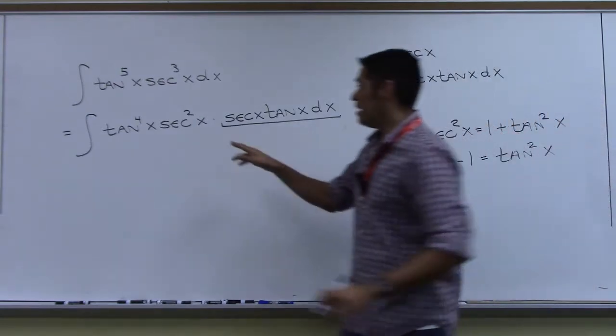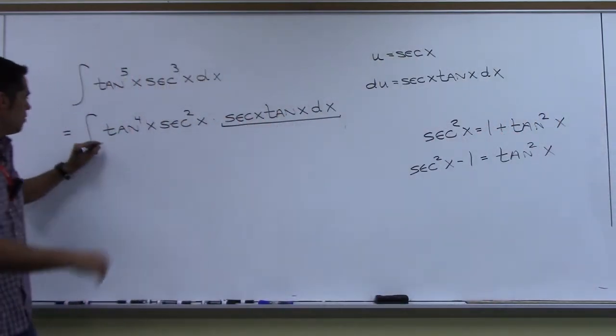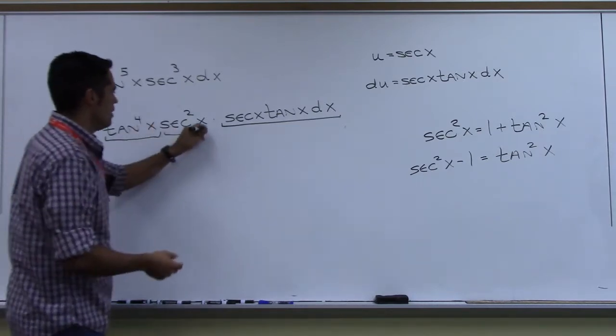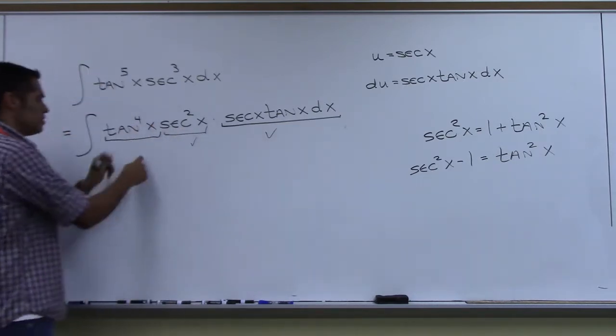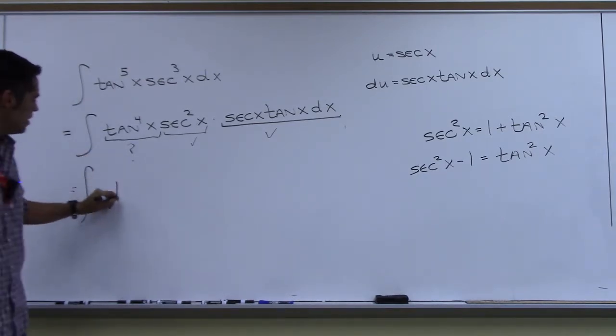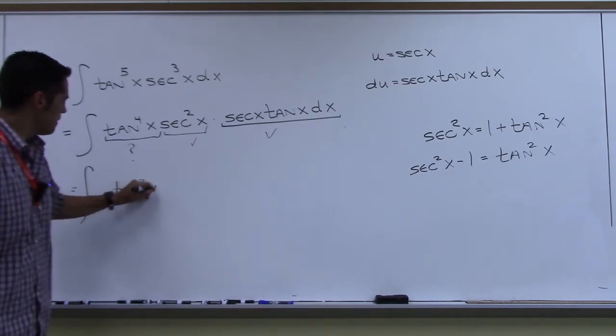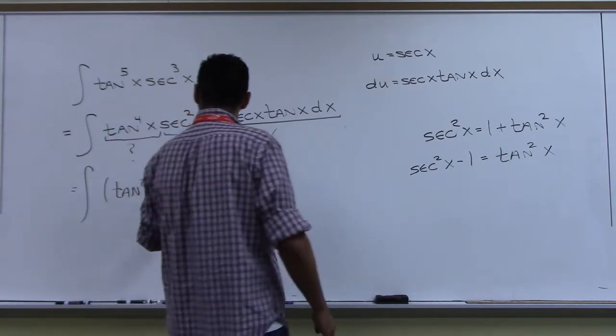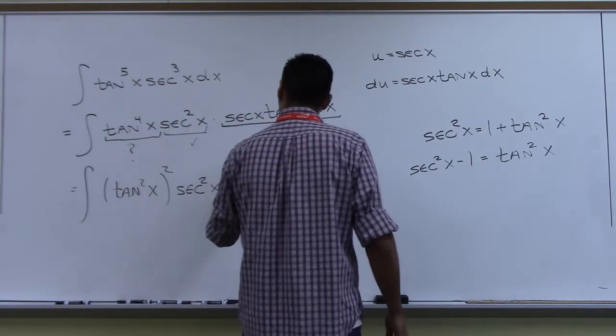So we were saying the tangent squared, what do we do with it? Well, tangent to the fourth, what do we do with this? This one we have to work with. So write it as tangent squared x to the second power. So if we rewrite this as tangent squared x, squared, and then just rewrite everything else, don't even worry about this. We've got this taken care of.